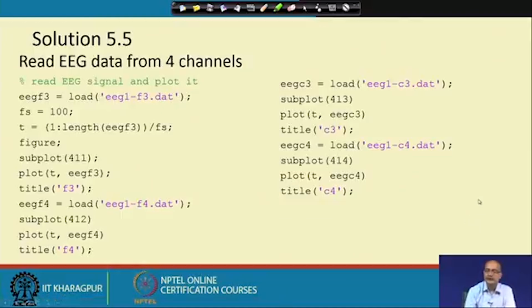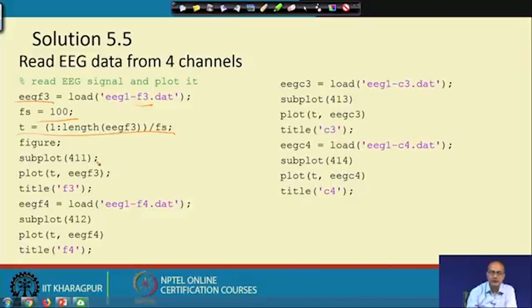So, now first we read those 4 signals. We load first the F3 signal, name it EEG F3, and the sampling frequency is 100 hertz. We first look at what the length is, set the time axis and plot.